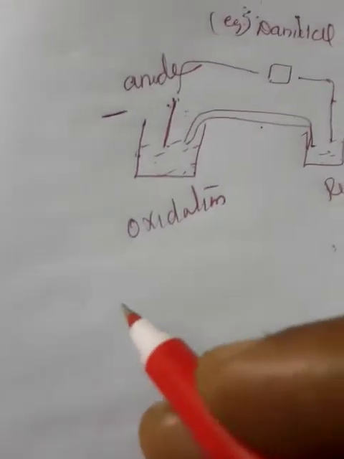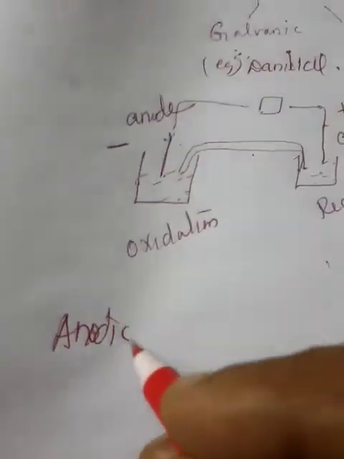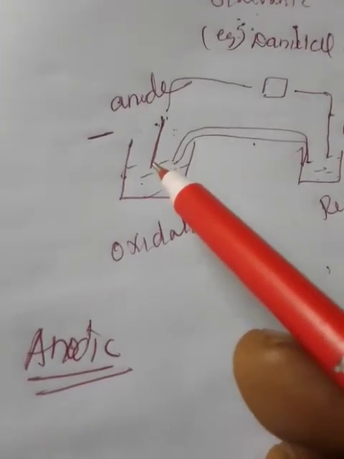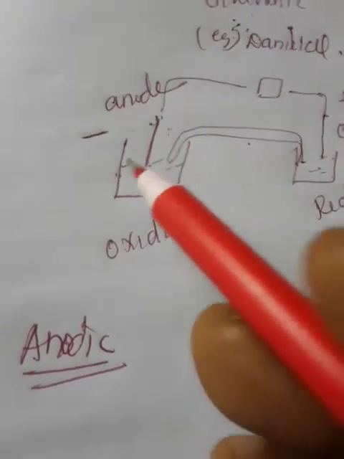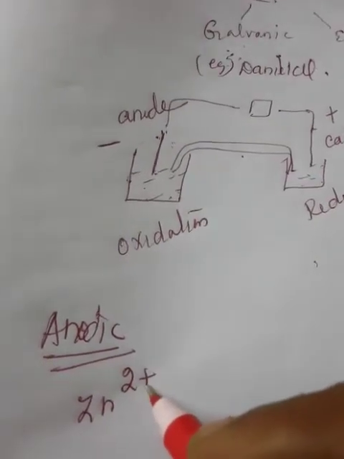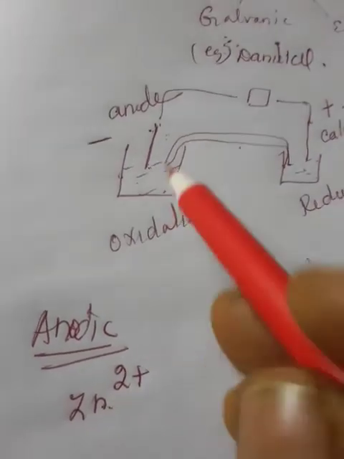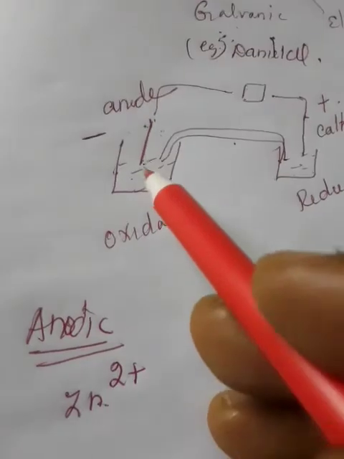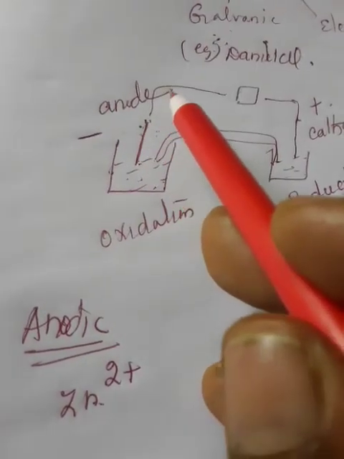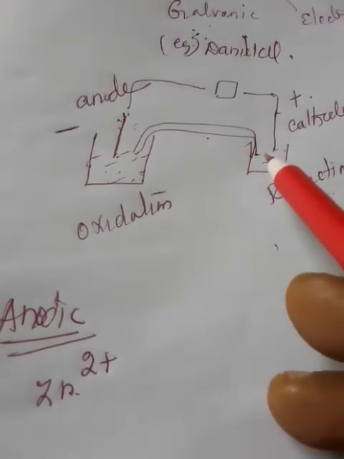So, what is the reaction taking place in the anodic compartment? In the anodic compartment, oxidation takes place. Here zinc is oxidized to Zn2+ by losing its electrons. The Zn2+ ions enter the solution and the electrons enter the zinc metal, then flow through the external wire and then enter the copper strip.